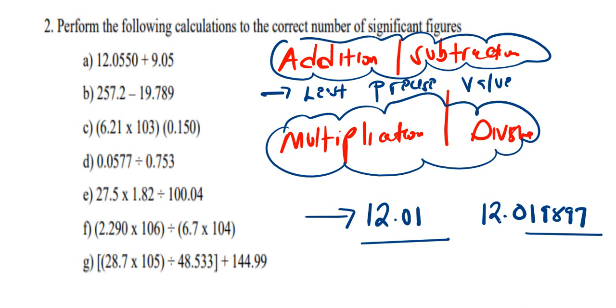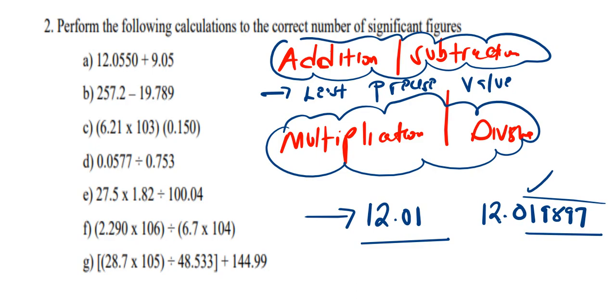What is the difference? This instrument is only able to measure 2 decimal places after the decimal point. But on the other side, this one can go as far as measuring about 6 decimal places. So this one is more precise.